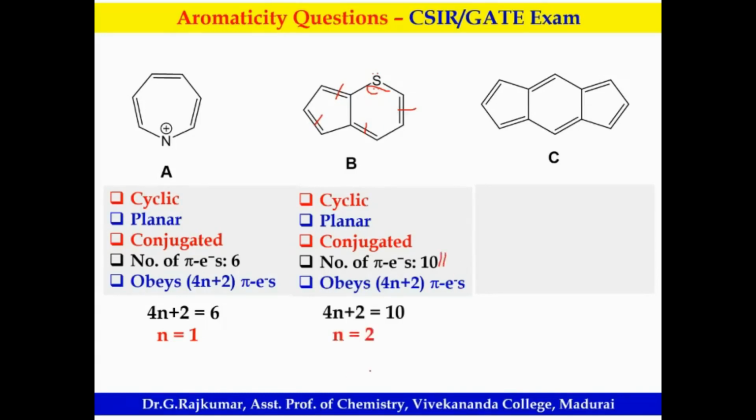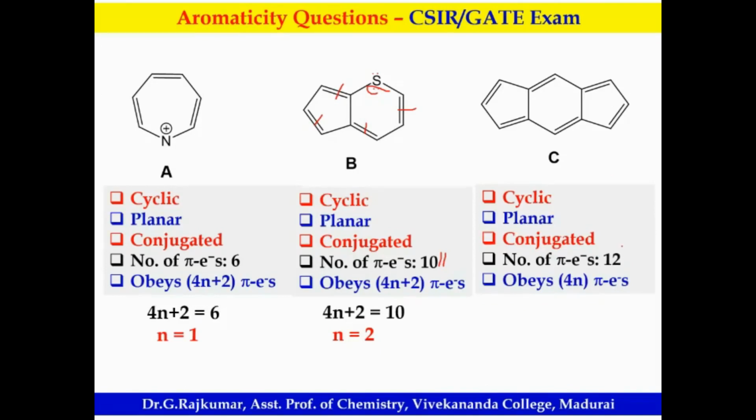It obeys 4n plus 2. Look at structure C. Cyclic planar conjugation is there. It obeys the 4n pi electron rule because the number of pi electrons involved in delocalization is 12. The n value is 3. If you put 4n plus 2, it will not come out as an integer; it will be fractional. Hence only A and B are aromatic.